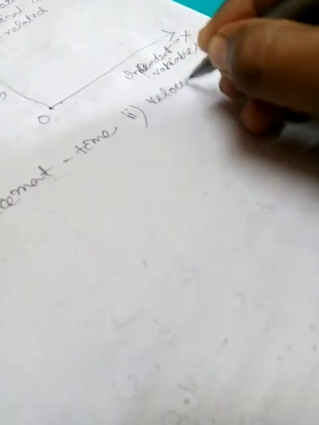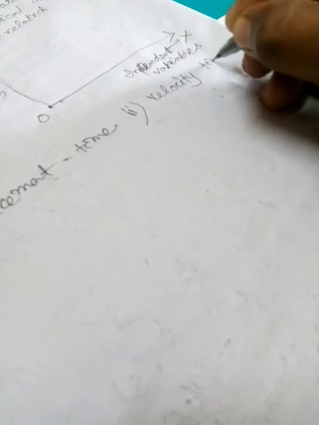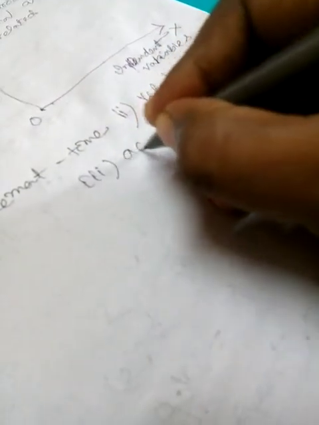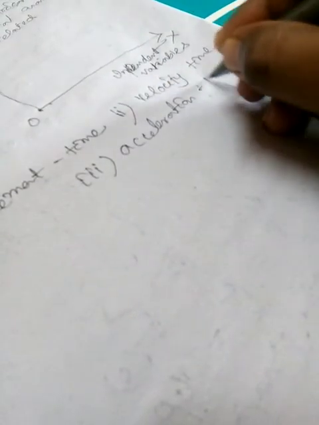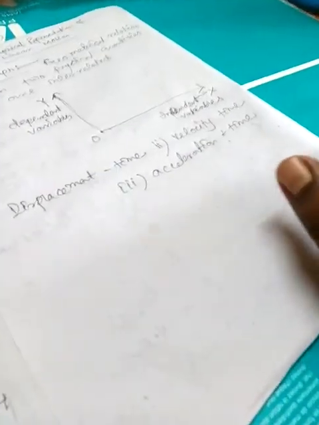Number two, velocity time graph. And number three, acceleration time graph. So these three graphs we will learn now.